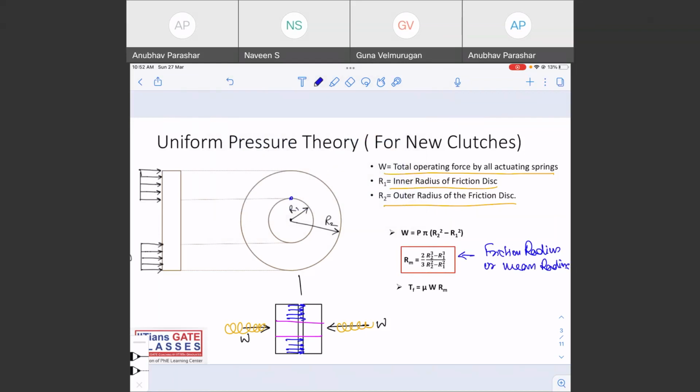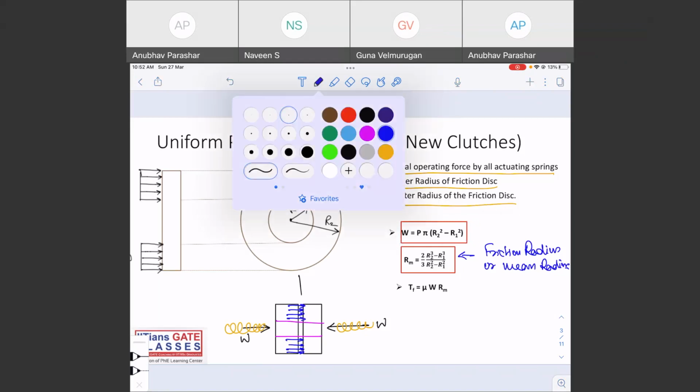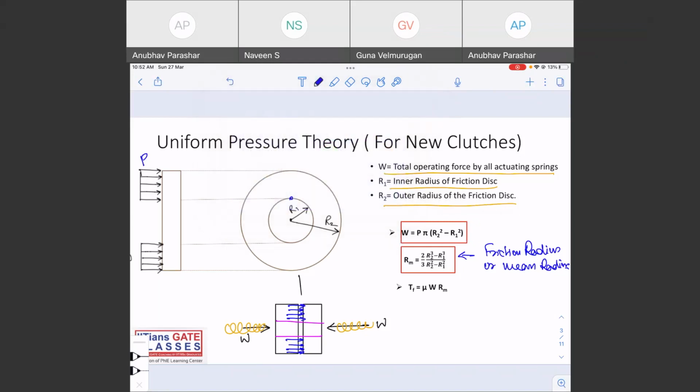So how is the load given? The total actuating spring load is given by pressure. If the pressure is P, you can see this is the pressure. Load is equal to pressure multiplied by area. What will be the area?